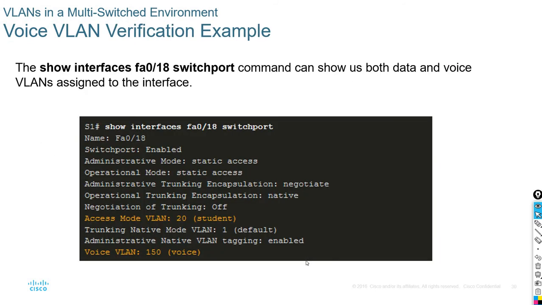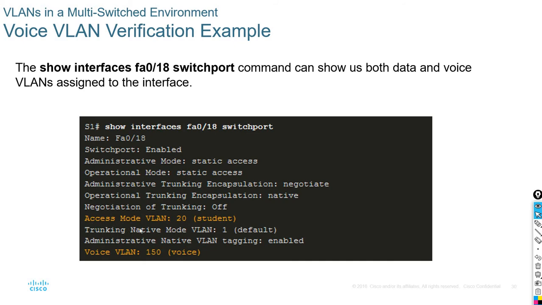So, voice VLAN verification. For that you can use the show command. Go to privilege mode and use the command show interfaces FA0/18 switchport. This command shows us both the data and voice VLANs assigned to the interface.